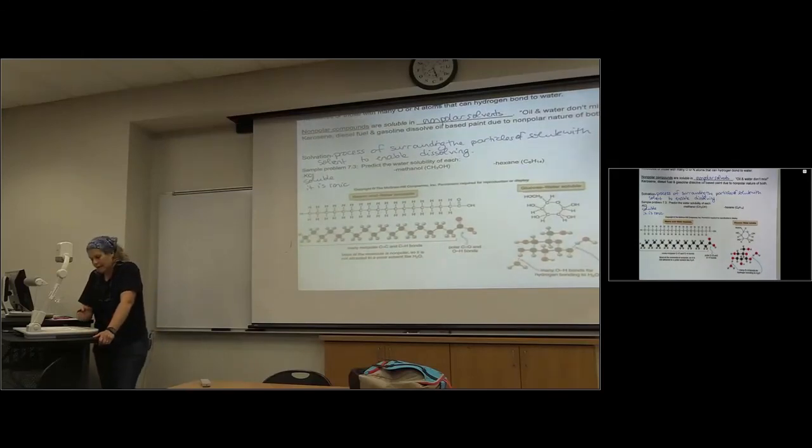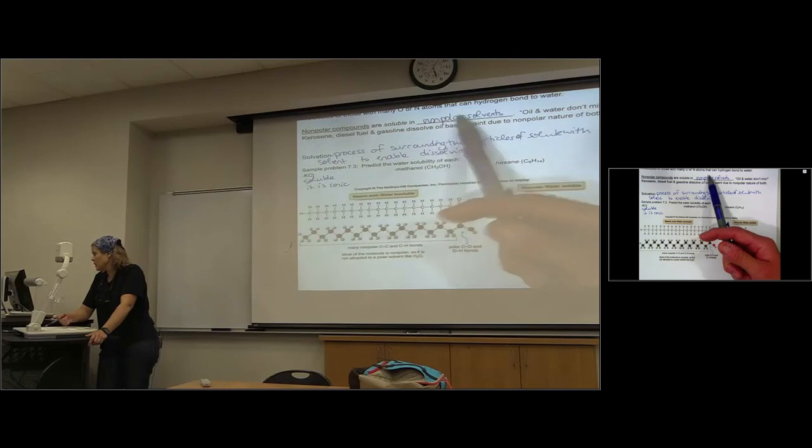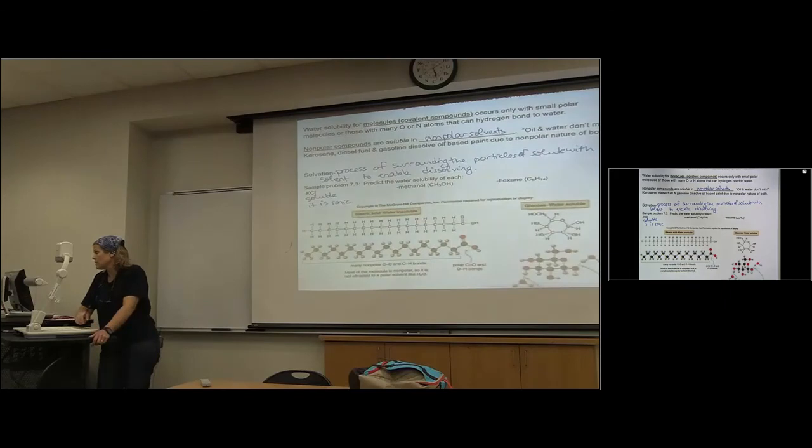What about methanol? And I've told you what it is. It's CH3OH. It's a small molecular compound, but what does it have going on at one end? What do you see? So what does OH allow for? Hydrogen bonding. Go up a step here. Nonpolar compounds are soluble in nonpolar solvents, yes, but go up one more. Water solubility for molecules occurs only with what?